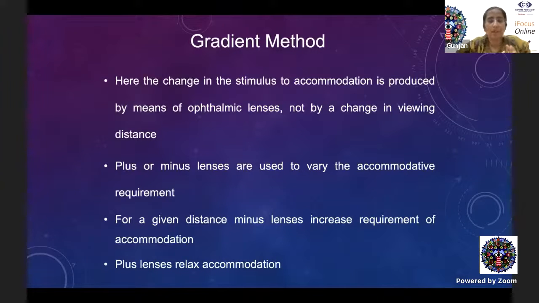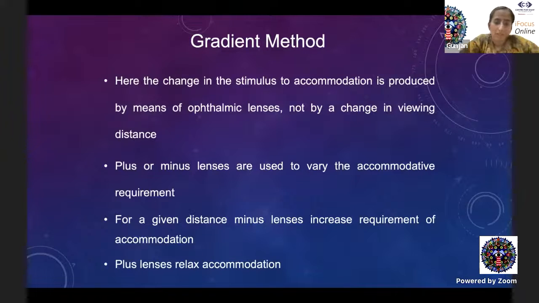So here we are not changing the fixation distance. Here I'm not going to measure the deviation for near and then the deviation for distance. Instead, the distance remains the same, and the amount of accommodation exerted will be changed by using plus or minus lenses.